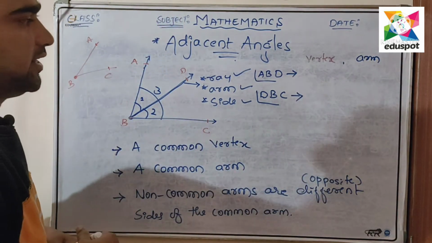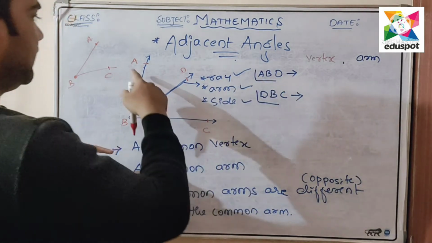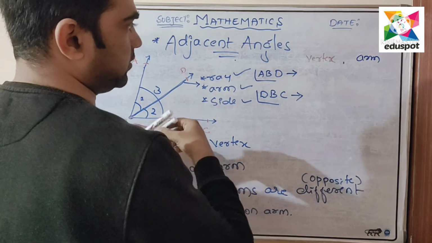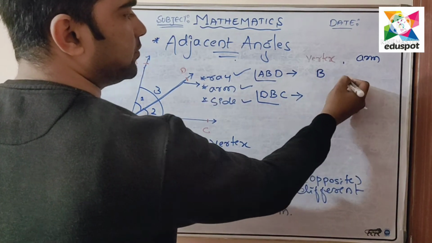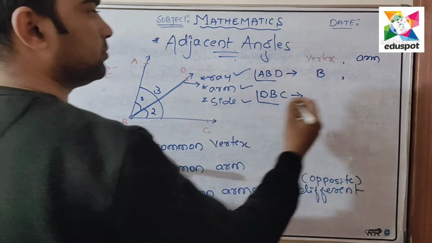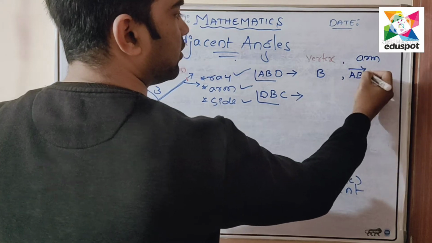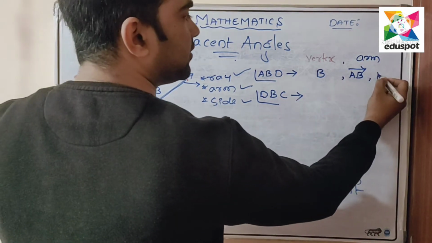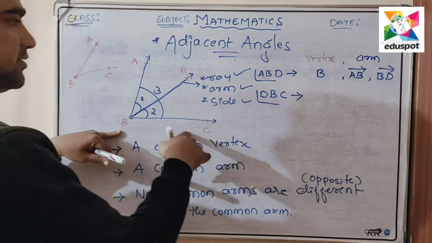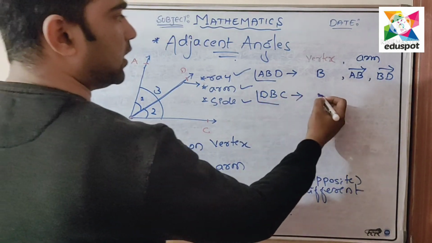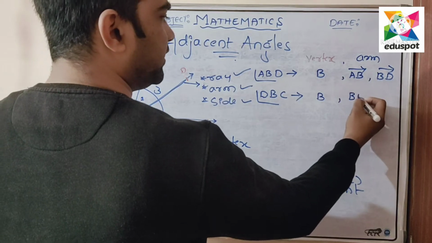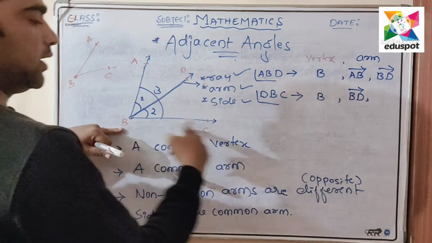First, we write the vertex for angle ABD: the vertex is B. Similarly, the arms for ABD are arm AB and arm BD. Similarly, for angle DBC, the vertex is B, with BD as one arm and BC as the other arm.